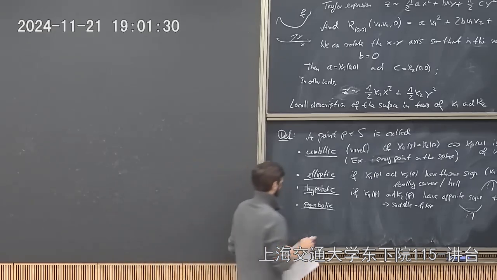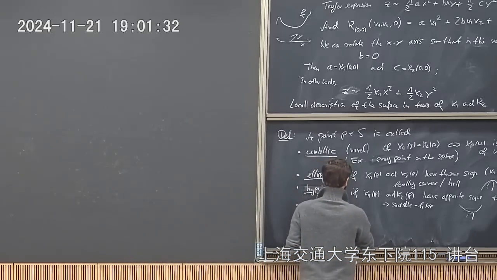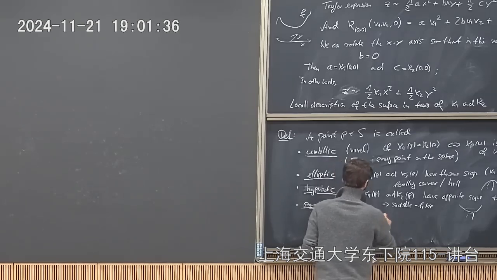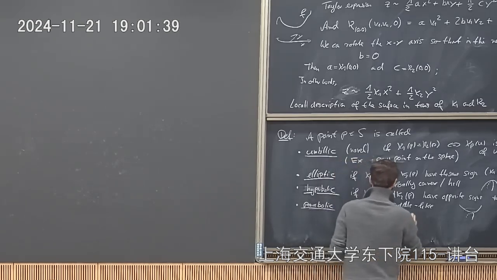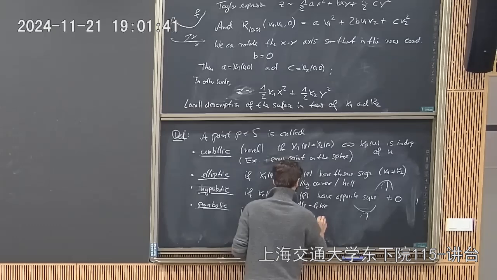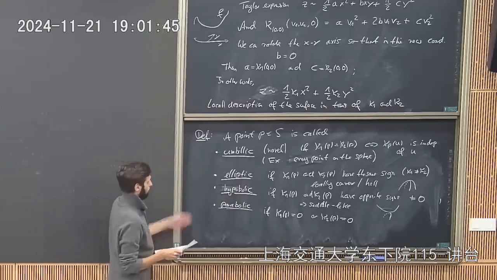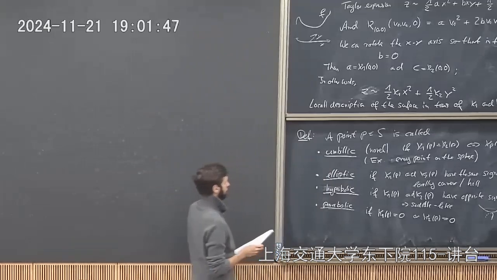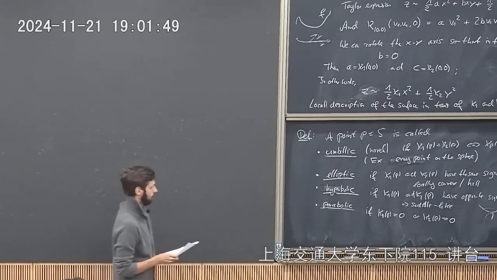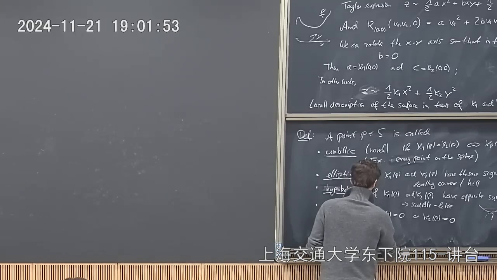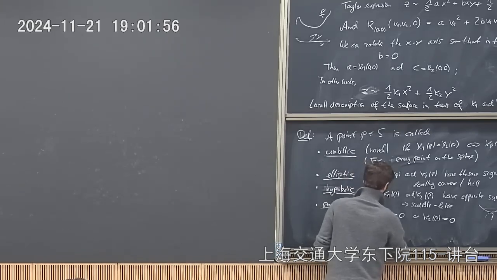And then the parabolic point is if one of them is 0, but not both, otherwise we end up again in the umbilic case. So that would be, for example, on a cylinder.